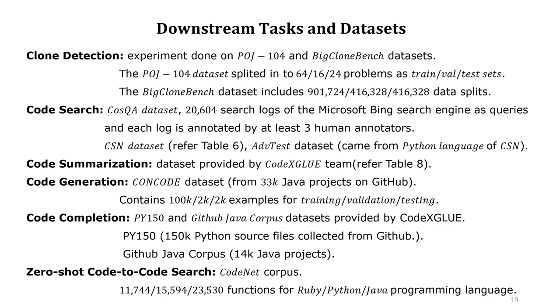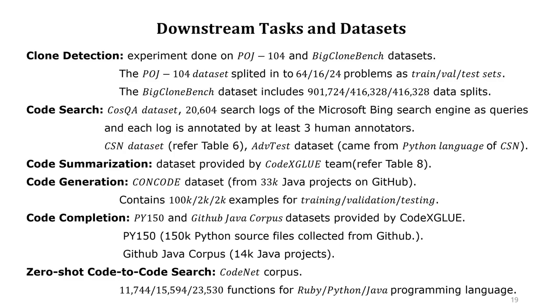In the code search, they use three datasets: CoSQA, which has 10,604 search logs of the Microsoft Bing search engine. All these data have been annotated by human annotators. The second dataset is CSN.